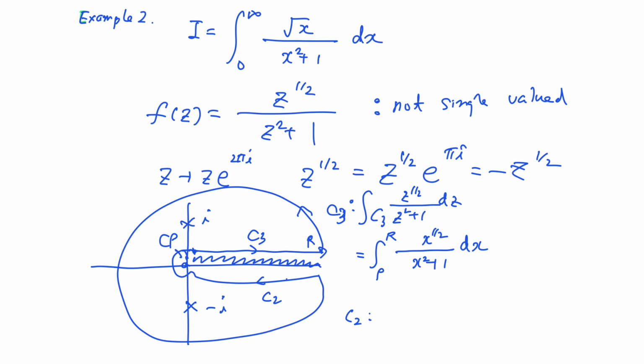Here, at this point, this is x. This is x exponential 2 pi i. So for C2, we have R to rho of (x exponential 2 pi i) to the 1/2 over (x exponential 2 pi i) squared plus 1 dx, right?